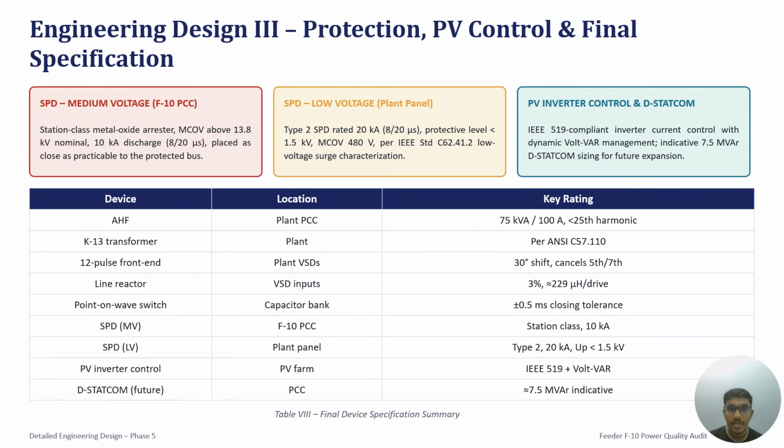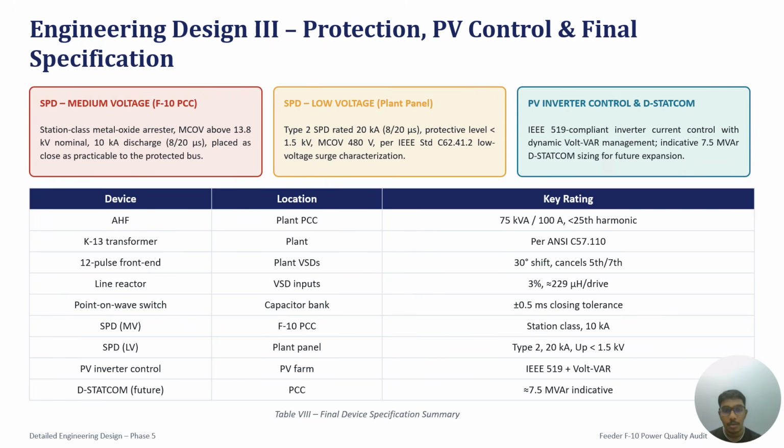Rounding out Phase 5, for protection, we specify a station class metal oxide surge arrester at the medium voltage F10 PCC with MCOV above the 13.8 kV nominal and a 10 kiloampere discharge rating, placed as close as practicable to the protected bus.